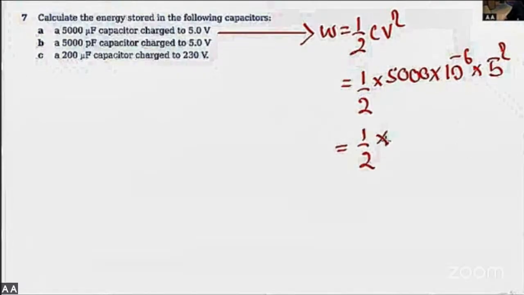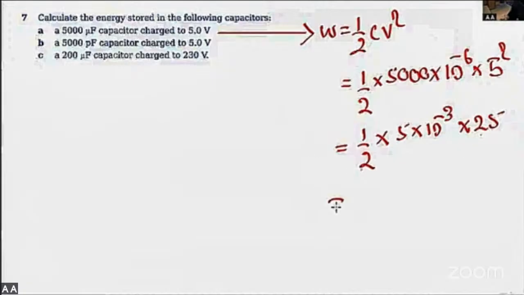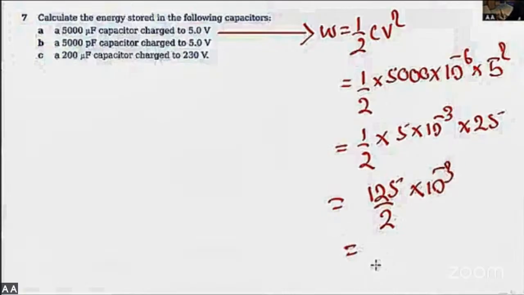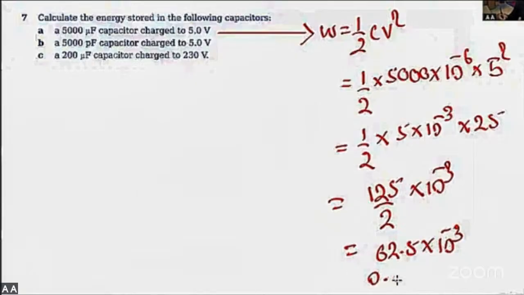Then 5 into 10 to the minus 3 into 25. 25 into 5 means 125. 125 over 2 into 10 to the minus 3. 125 over 2 is 62.5 into 10 to the minus 3, that means 0.625 joule.